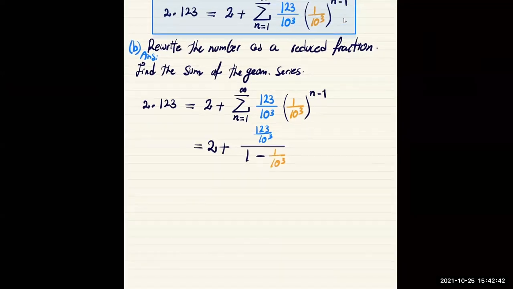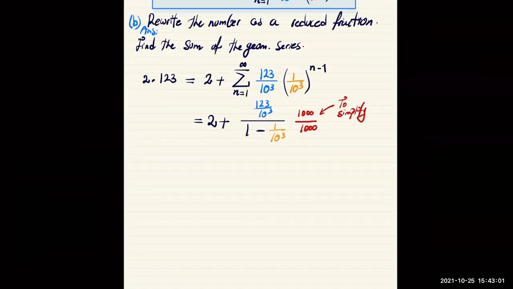So what you do is multiply top and bottom by 1,000. 10 cubed is 1,000, so we multiply by 1,000 over 1,000. Again, this is to simplify. We end up with 2 plus, on the top, just 123 because the 1,000 and 10 cubed cancel.